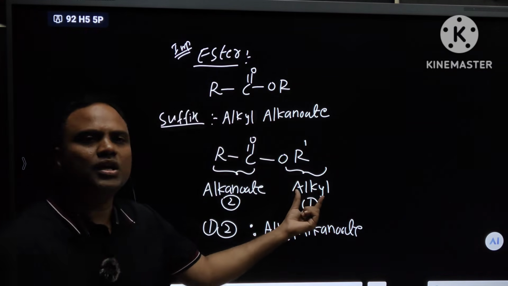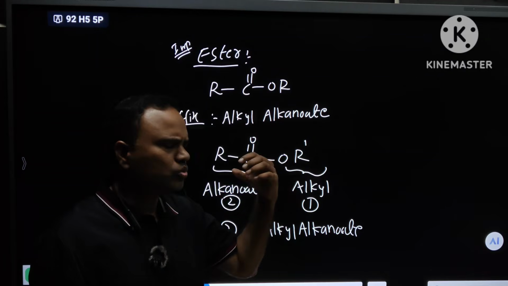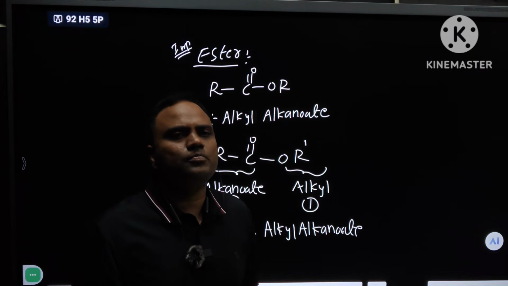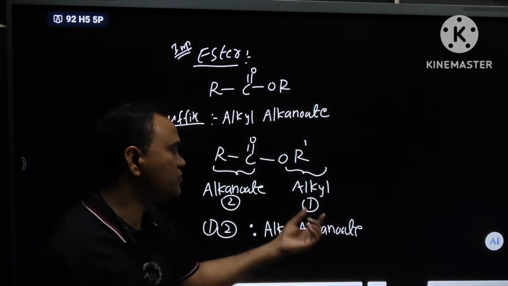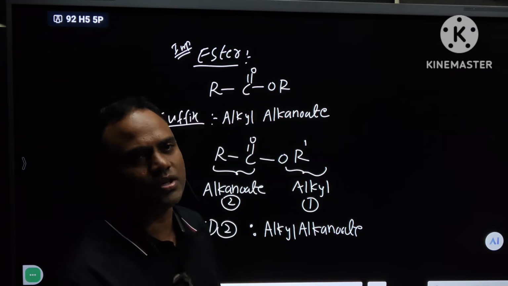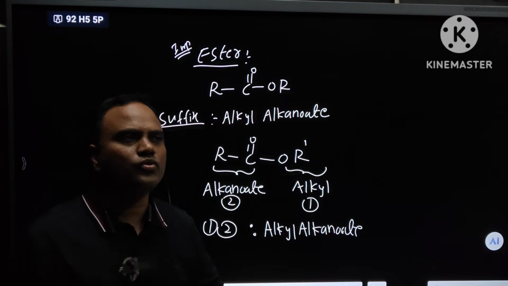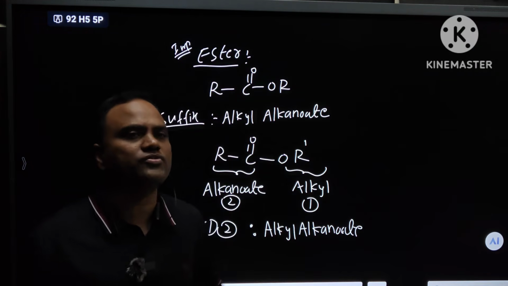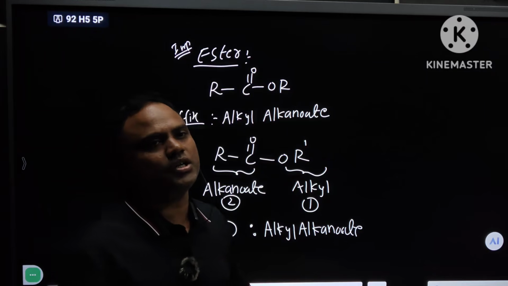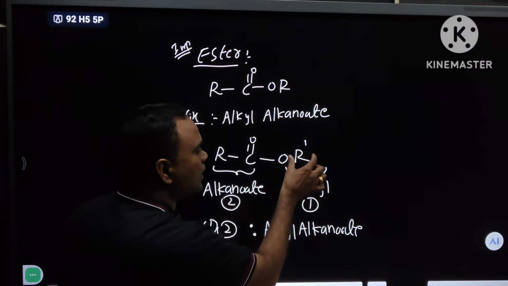First you should write the name of the alkyl group connected to the single bond oxygen, whatever it may be. Even if substituents are present, you should first write the alkyl part name only.